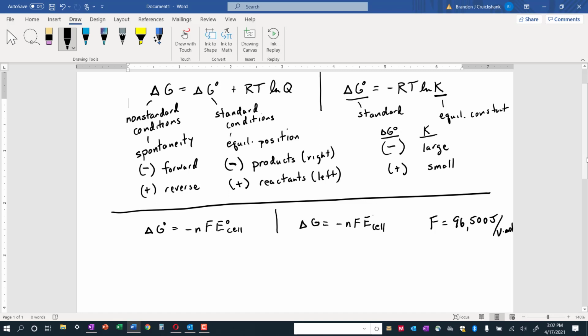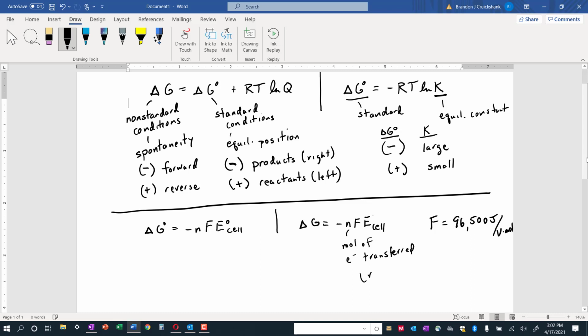We know that our delta G should end up in joules, so in Faraday's constant we have units of energy. Cell potential will be in volts, that matches. N is moles, as you would expect, but since it's electrochemistry, moles of electrons transferred.